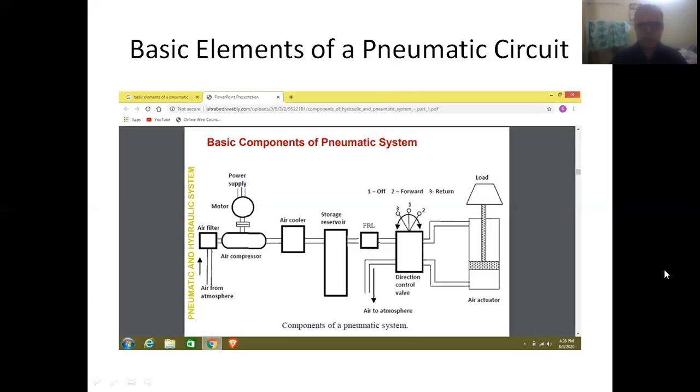Friends, these cylinders are placed depending upon the specification and requirements, either in horizontal position or in vertical position.